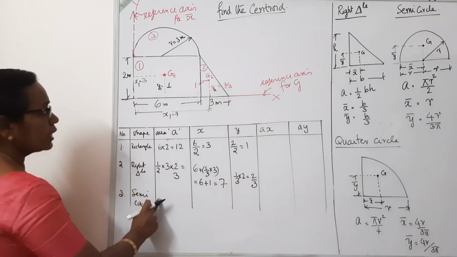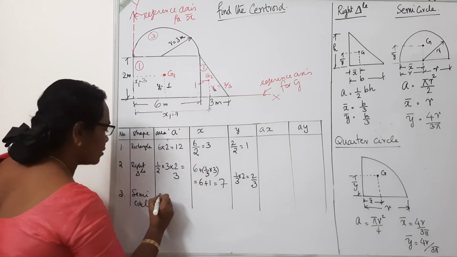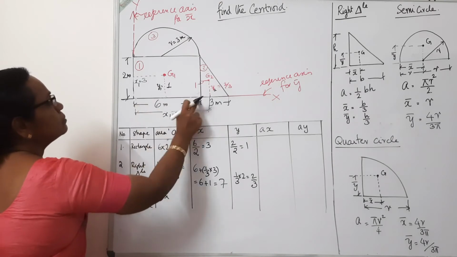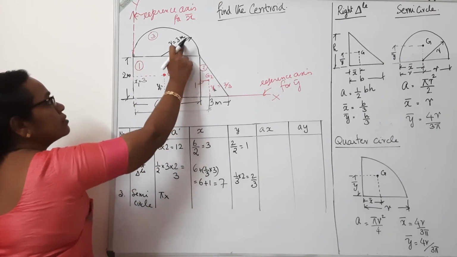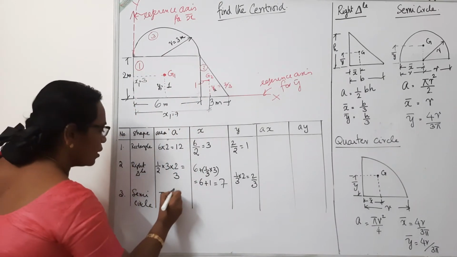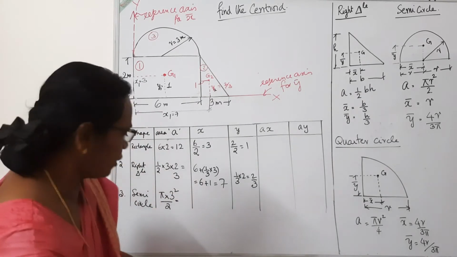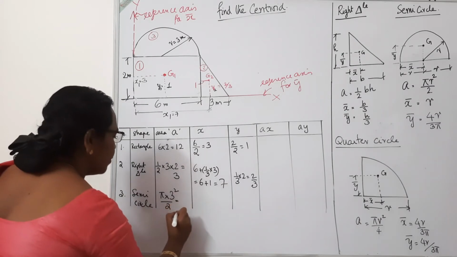So for the third area, the semicircle, the area is pi r square by 2. What about the radius? This is 6 meters, so its diameter is 6 and the radius is 3. Pi r square by 2 works out to 14.137.